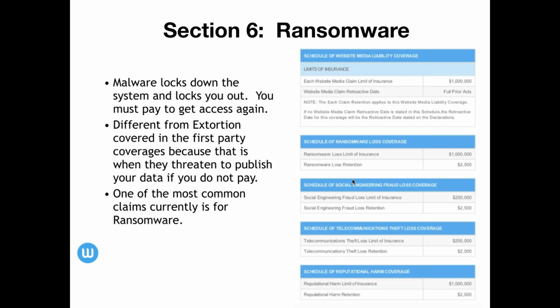In the case of ransomware, it's pay or I lock you out of your system for good. And in the case of extortion, it's I will release all of your private data if you don't pay us. So they're extorting you to not release information, or they're ransoming you to delete all of your information.